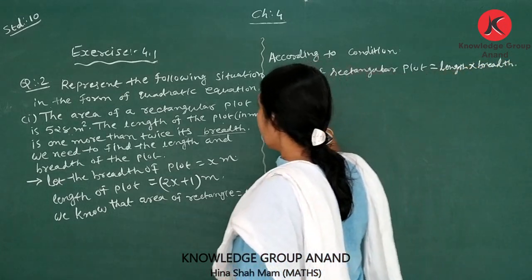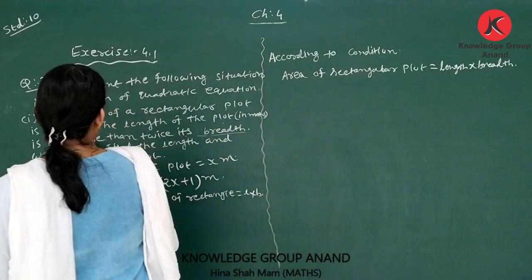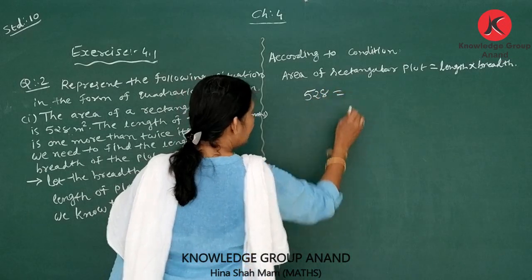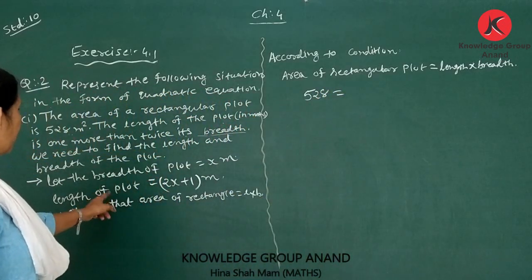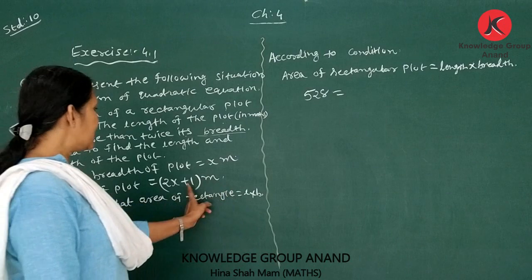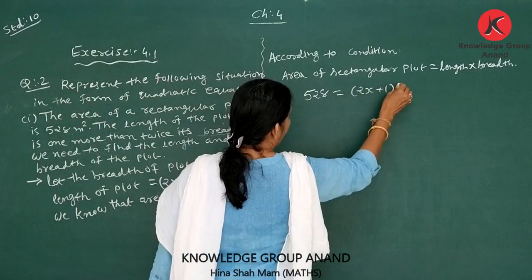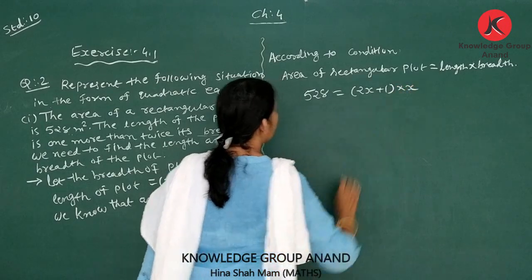The area of the rectangular plot is 528, which equals length. Here the length of the rectangular plot is 2x plus 1, into breadth, and breadth is x.